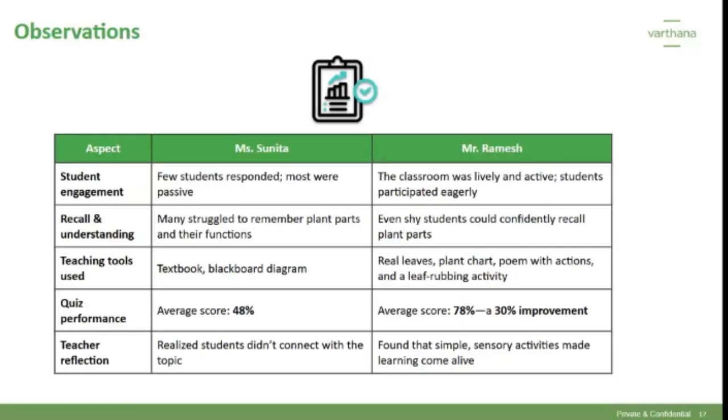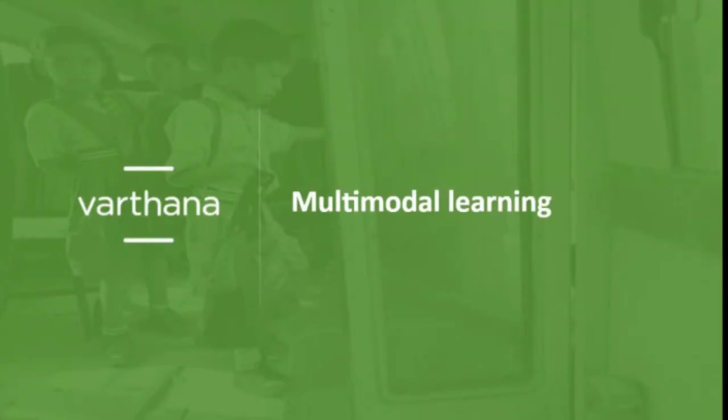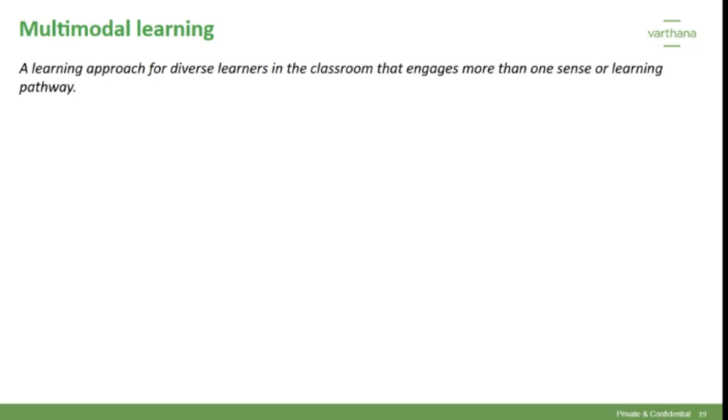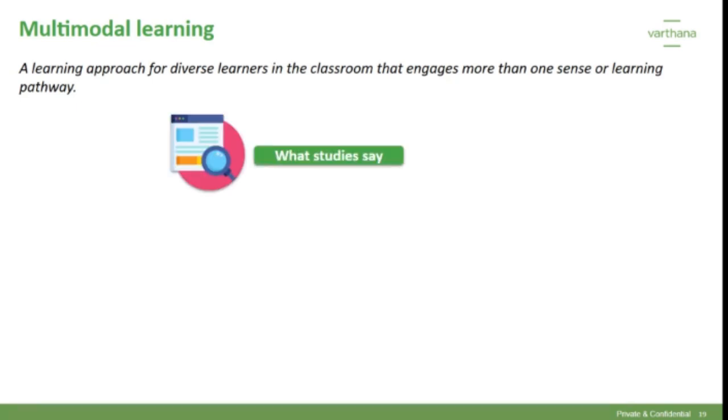So next, here the concept of multimodal learning comes in. What is multimodal learning? Multimodal learning is a concept in which all the senses, or more than one sense, are involved in learning. So this learning approach is called multimodal learning.